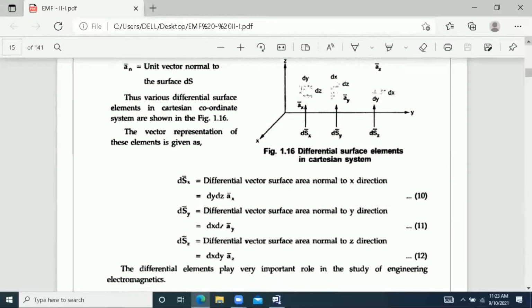Any question for the Cartesian coordinate? Not right now, sir. Sir, AX, right, that would be the distance from the differential vector surface area. Come again? For the AX, the value for that will be the distance from the differential vector surface.